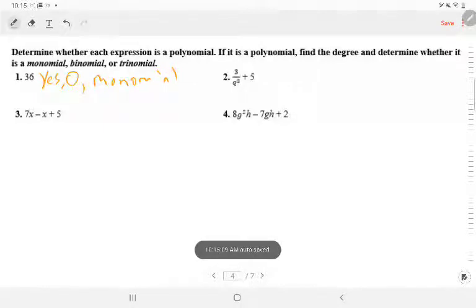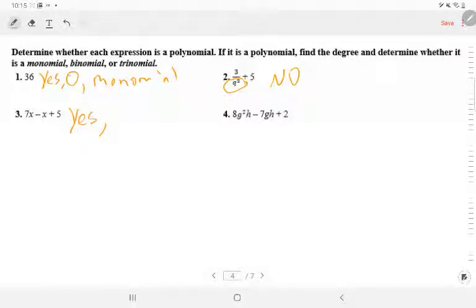Okay? Number 2, 3 over q squared plus 5. Is that a polynomial? No, because of this right here. Okay? All right, number 3, 7x minus x plus 5. Is that a polynomial? Yes, it is a polynomial. What degree is it?